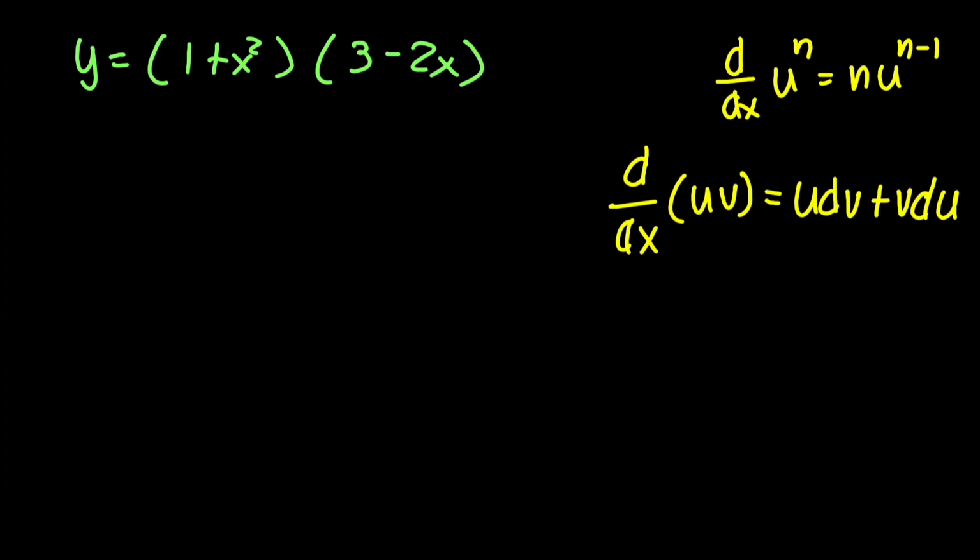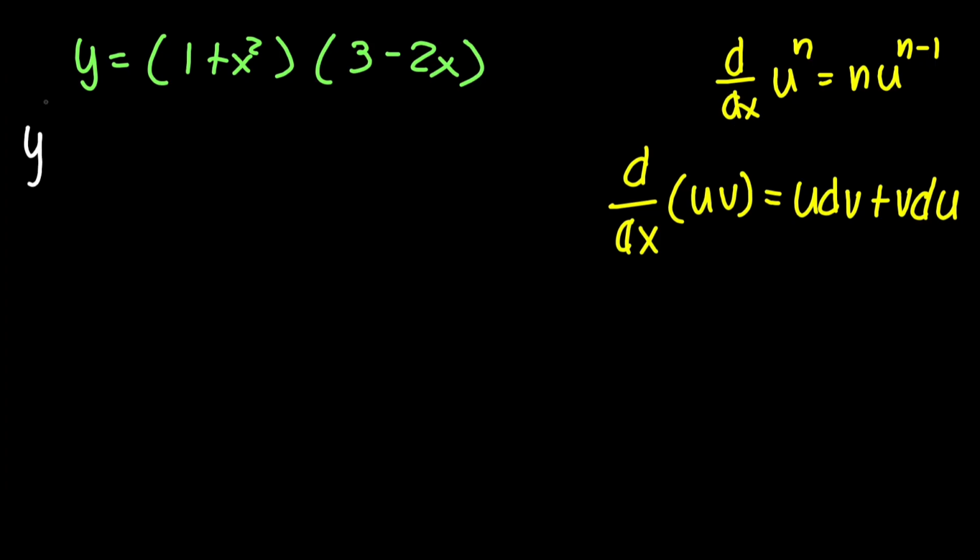But in this sense, it just says that you would multiply the original value of u by the derivative of the second variable and add it with the original variable v multiplied by the derivative of u. So it does not matter whether you change the order. What is important is that you multiply the original value by the derivative of the second variable.